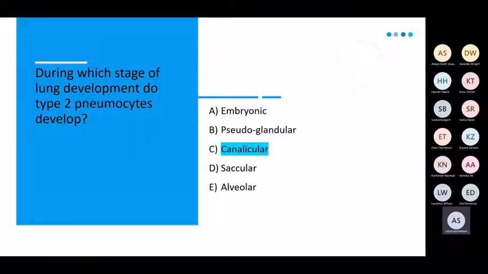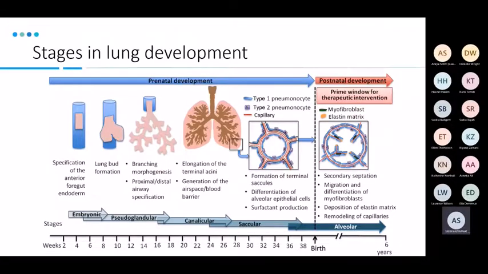This is one of the other things that you just need to rote learn a little bit. It's not something that you need to know in detail though. Typically you just need to know the time frame they're developing. When the lungs are developing, the first thing that develops is the branching of your bronchioles.